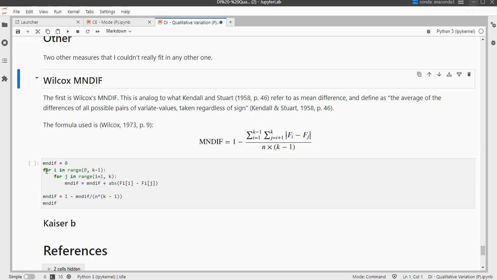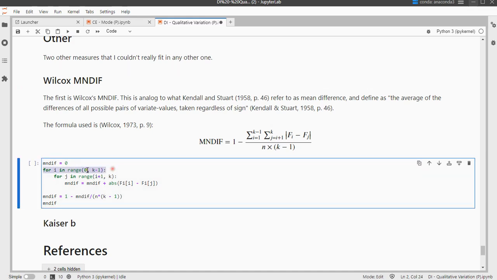So what I'm doing here is going over a range from 0 to k minus 1, so all categories except the last one, and then for j going into the next category until the last one, and every time determining the difference between the two frequencies. Sum all of that up by doing a continuous addition, and then in the end divide by the number of categories, the sample size times the number of categories minus 1, and subtract all of that from 1.